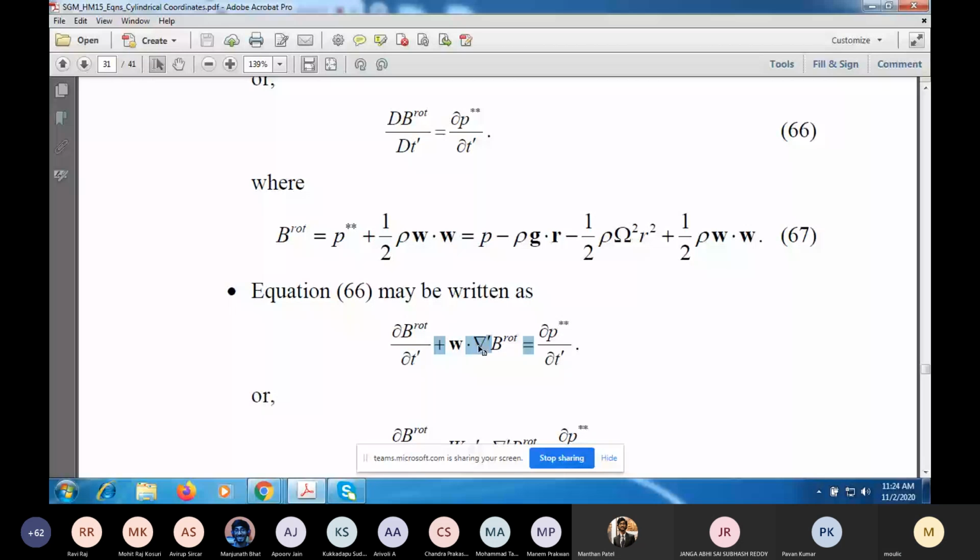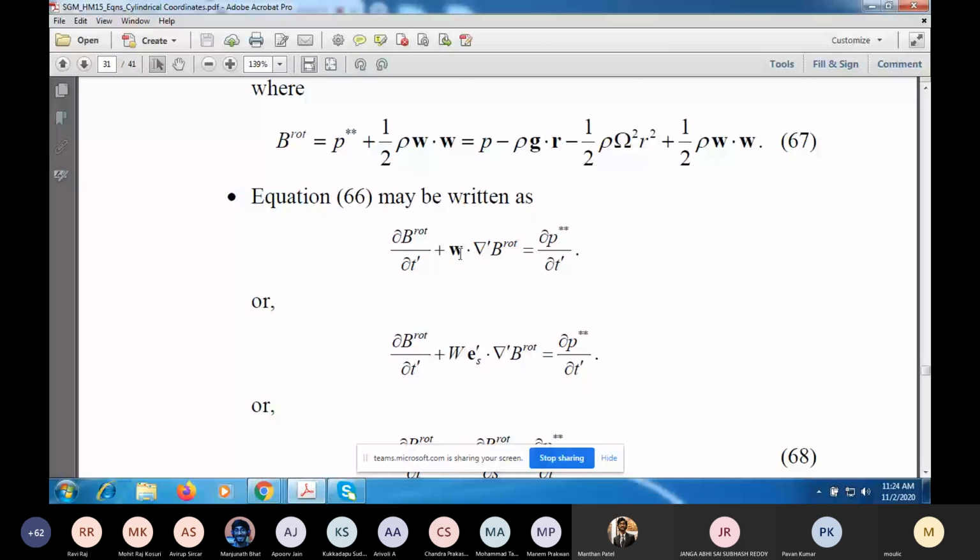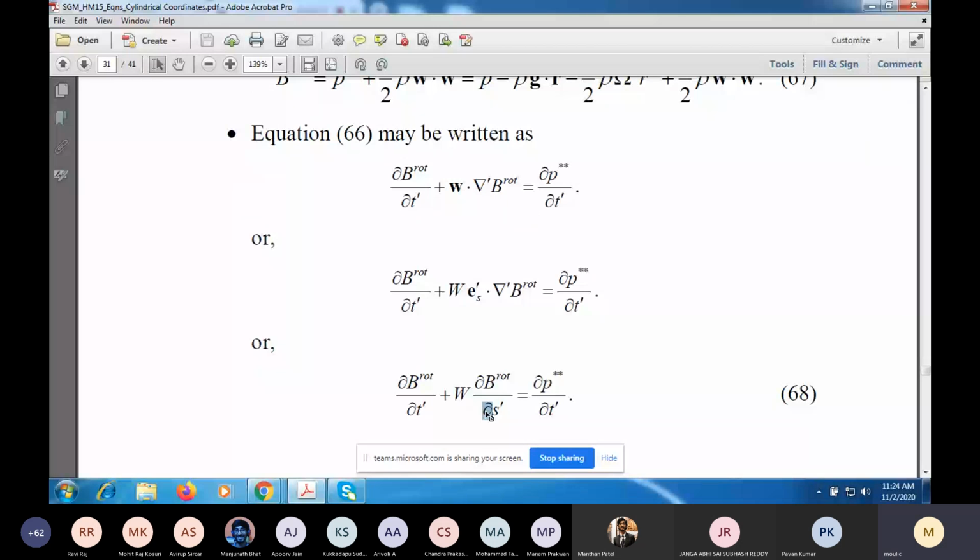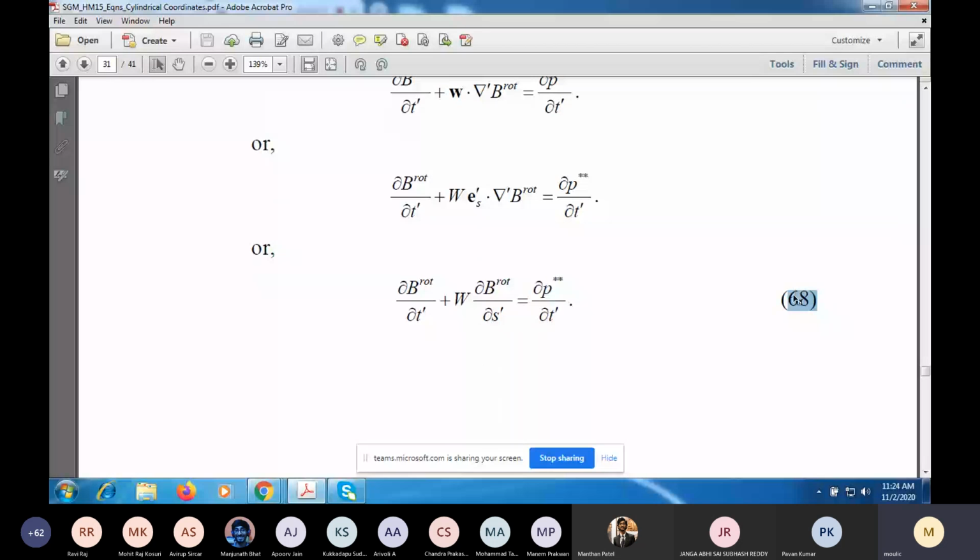And W vector I can write as its magnitude multiplied by the unit vector which gives the direction of W. Then W dot grad prime is W del/del S prime. It is a directional derivative in the direction of S prime, which is arc length along the streamline. So the mechanical energy balance reduces to equation number 68.